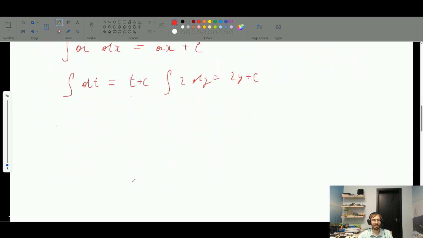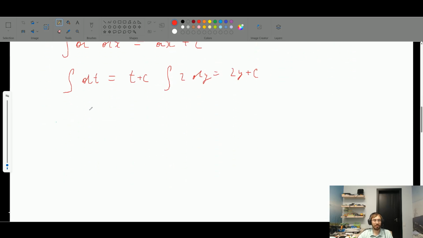Now, the addition and subtraction rule. If you have an integral, let's say of 2x^3 minus 3x plus 7 dx, this can be broken into three different integrals, the same way as with derivatives.